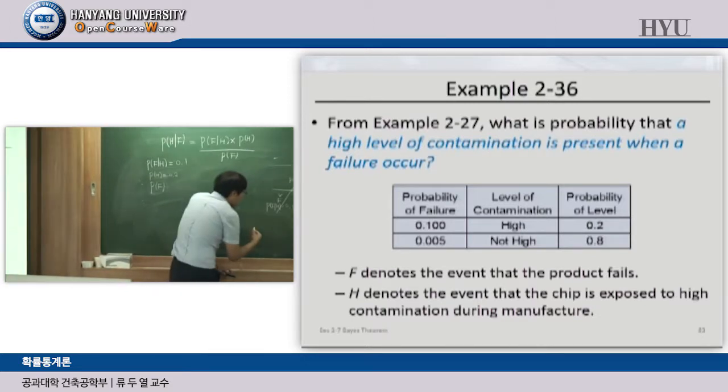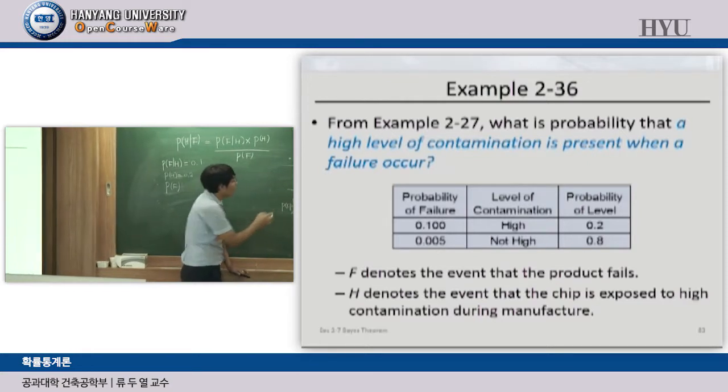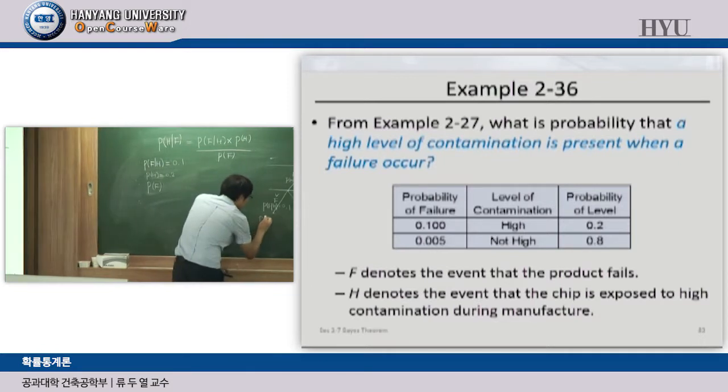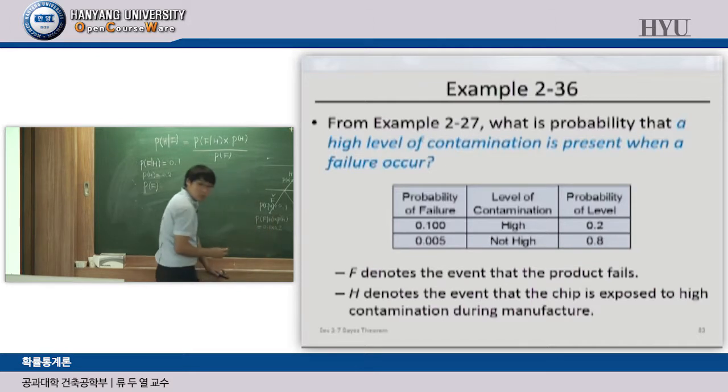So, the probability to obtain the failure when there is a high level of contamination equals the conditional probability of F given H multiplied by the probability of H. That equals 0.1 multiplied by 0.2.